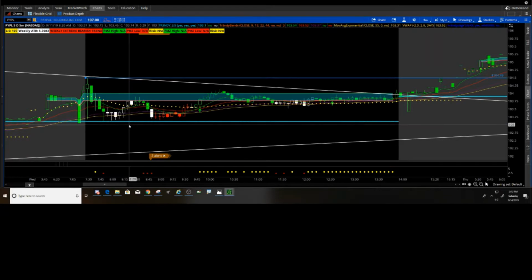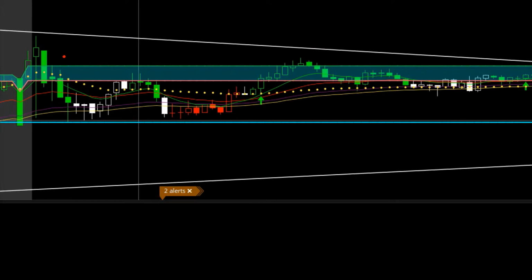So that brings me to my next thing. Make sure that you watch the video called Targets so that you can become proficient in finding targets and then asking yourself, okay, if the PMZ is here and I play the breakout, but I have a target here, your risk is defined by the PMZ. Let's say this is 50 cents, okay?